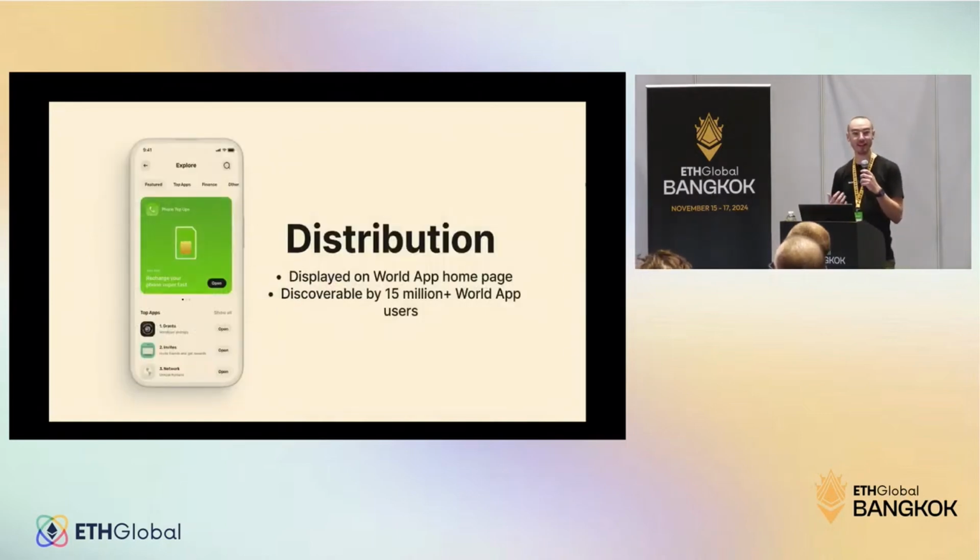And additionally, we can give these applications distribution to our millions of verified humans in World app. World app has over 15 million users, over 7.5 million of which are verified at the Orb. And your app can be listed in this app store, and if it's especially great, it can be highlighted on the homepage of World app in a card so that users can hear about your app for the first thing that they do when they open World app.